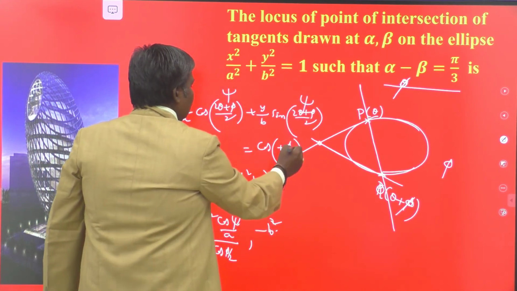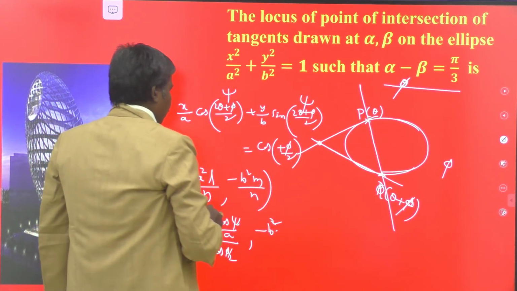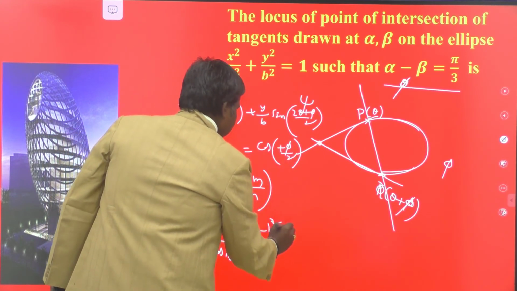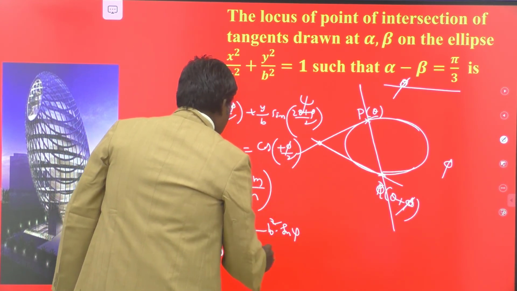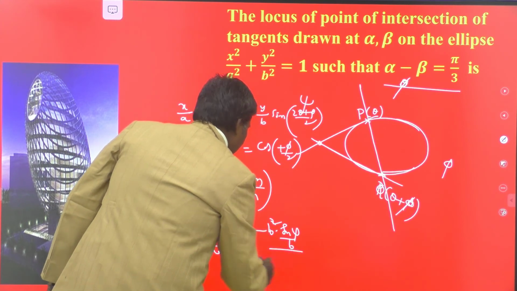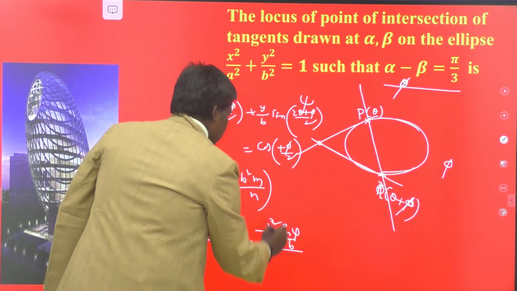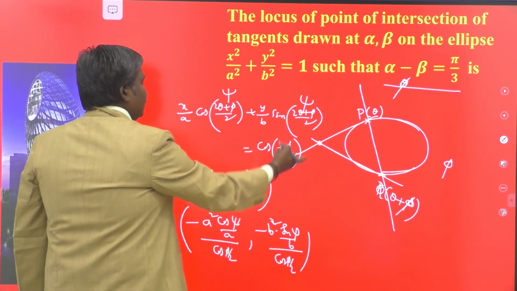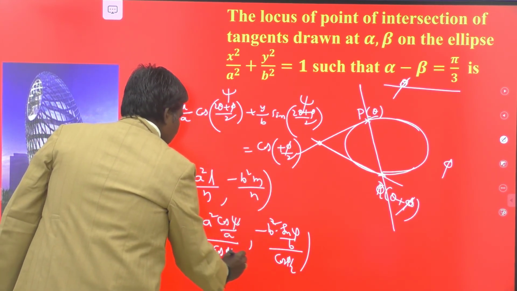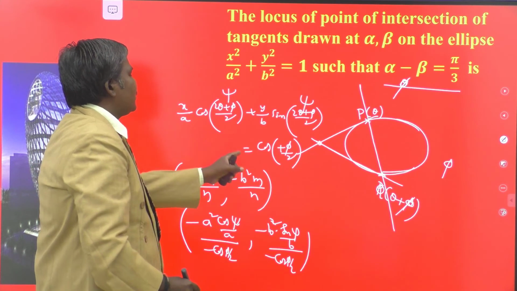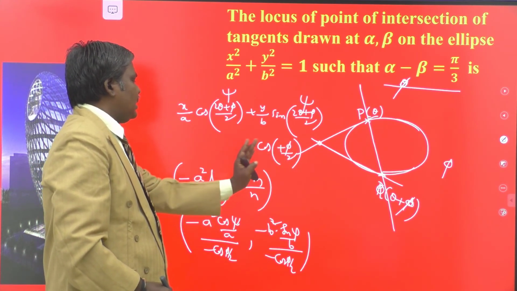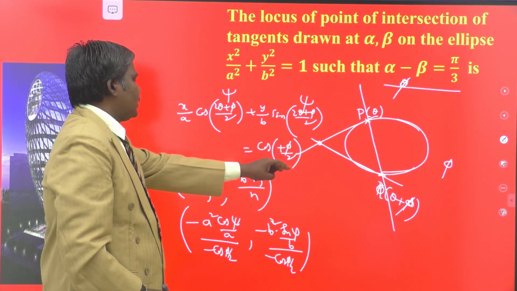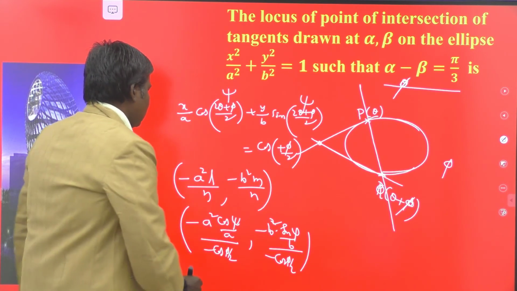This is variable, this is constant, keep in your mind. Cos phi by 2. This cos is on the right side, so you have to write minus here also. Lx plus my plus n: n is on the left side, but our constant is on the right side, so you have to maintain minus also.